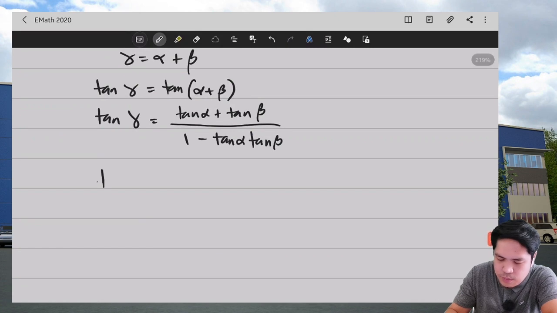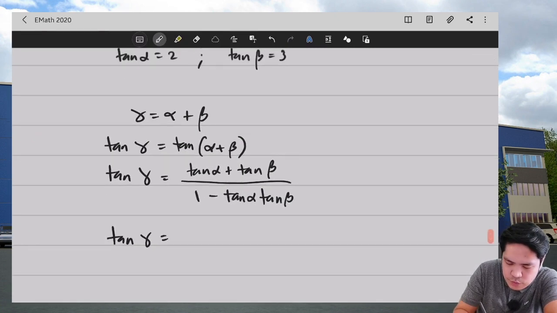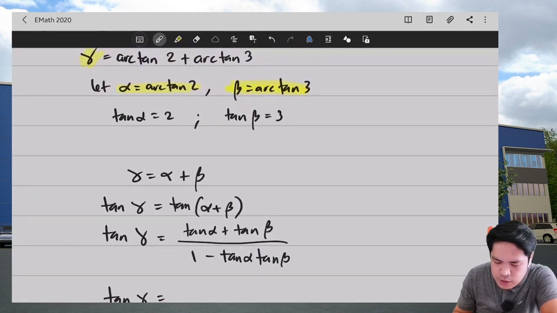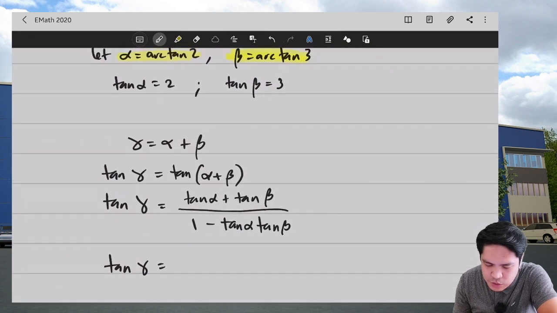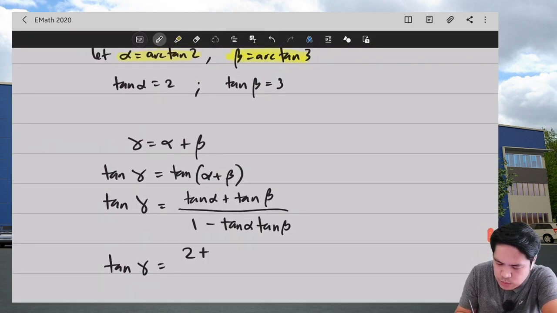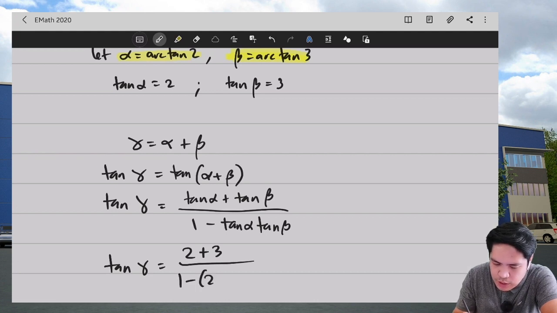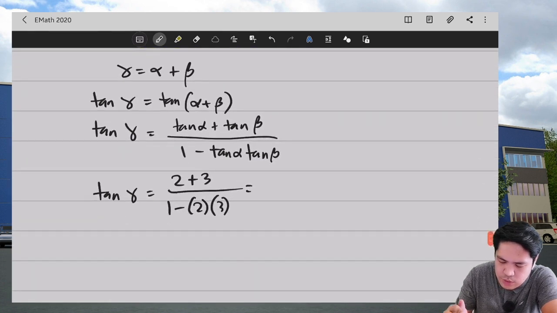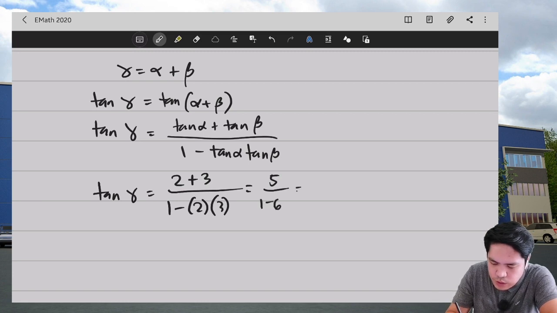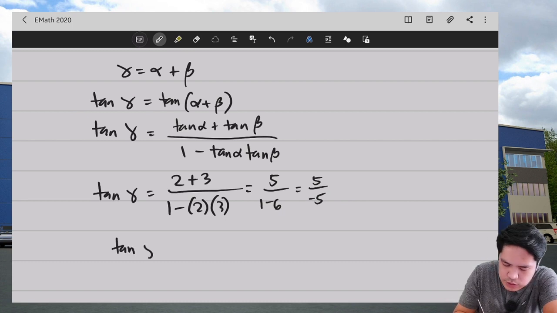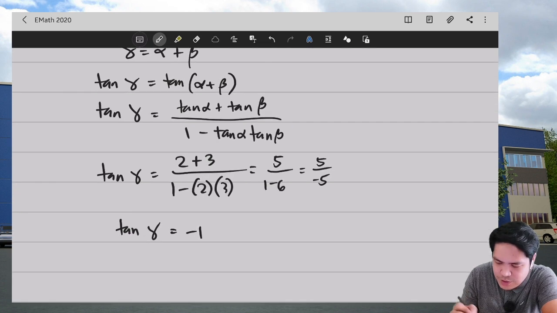So tangent gamma is equal to tangent alpha, which is 2, plus tangent beta, which is 3, all over 1 minus 2 times 3. We'll have 5 over 1 minus 6, so 5 over negative 5, or tangent gamma is equal to negative 1.